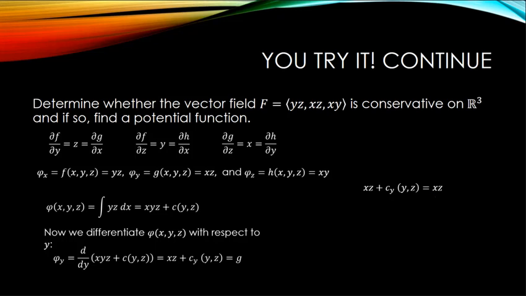This tells me that my derivative of c has to be 0, so that my arbitrary constant is in fact a real number constant, and I'm just going to let it be 0. This tells me that a potential function for my conservative vector field is given by phi of xyz is equal to x times y times z.